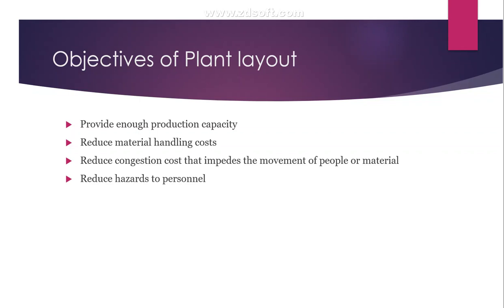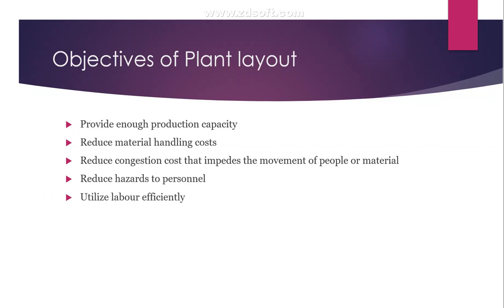Machines are not operated automatically; they need some manual handling. If we see any hazardous environment, this organizing or arrangement of the equipment and machines will help us reduce any hazardous activity possible in the production function.